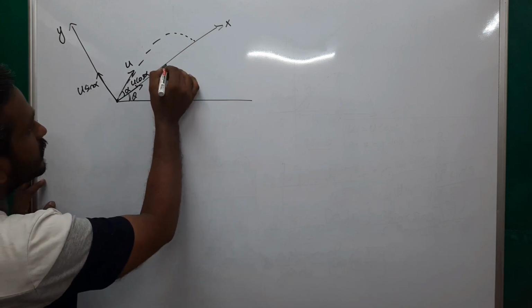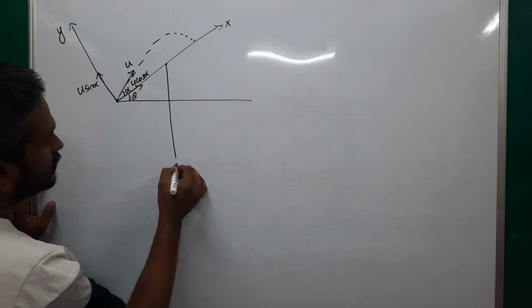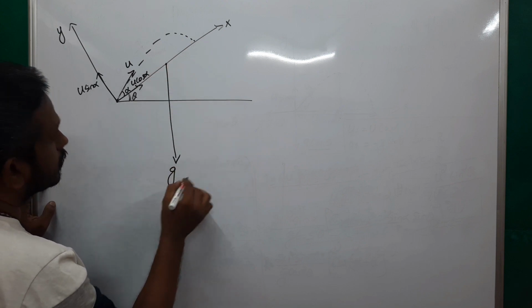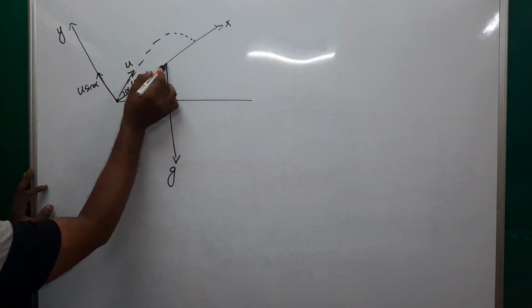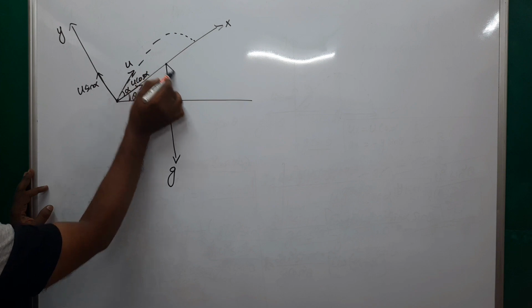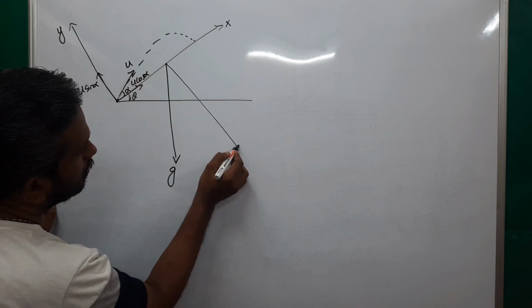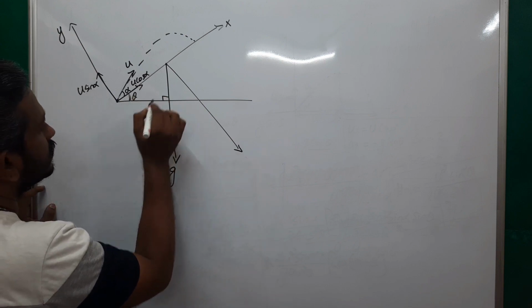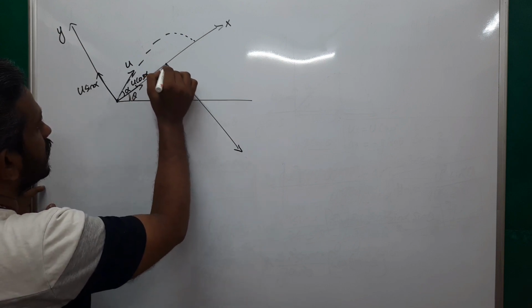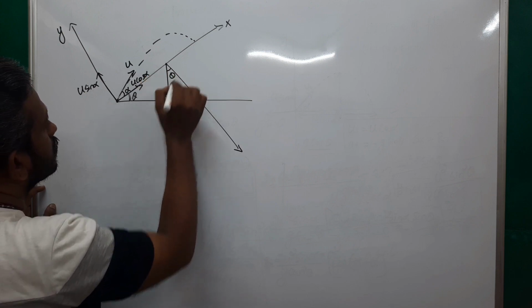So what about g? g is acting in this direction. What is perpendicular to the x-axis? This is the perpendicular. This angle is theta, this angle is 90 degrees, so this angle is 90 minus theta, and definitely this angle is theta.